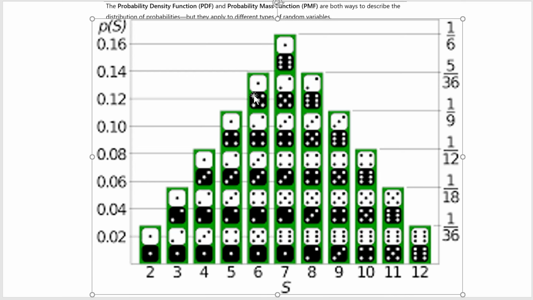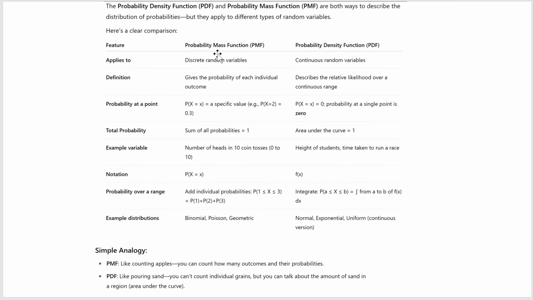This is the probability mass function, because you have a probability that 2 will come, or a probability that 7 will be the result if you roll 2 dice. Nothing between 7 and 8, nothing between 6 and 8. So that's why we can draw this, and this is the probability mass function. It tells you that when you keep on rolling dice, this is the probability that 7 will come, or 2 will come, or 3 will come, and so on. So that's what a probability mass function is.